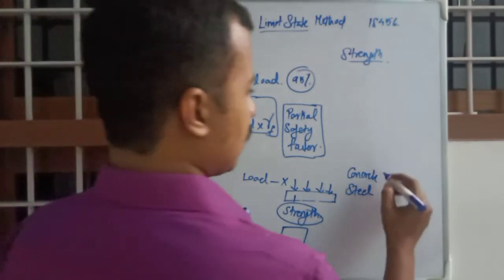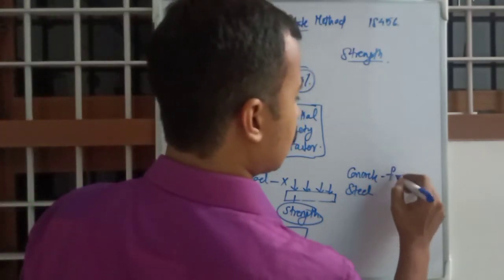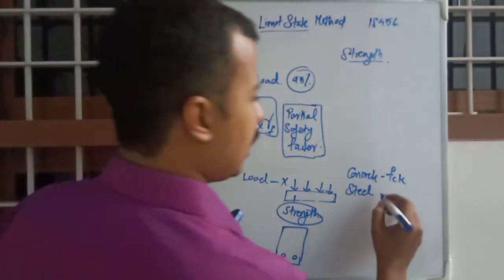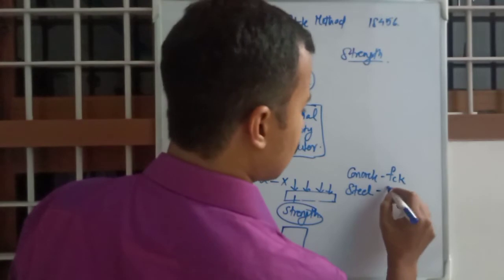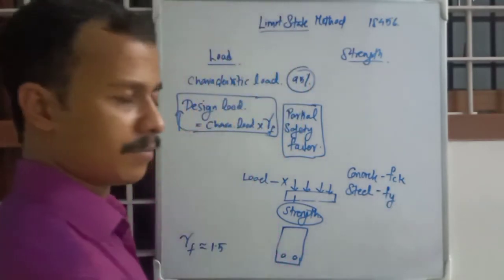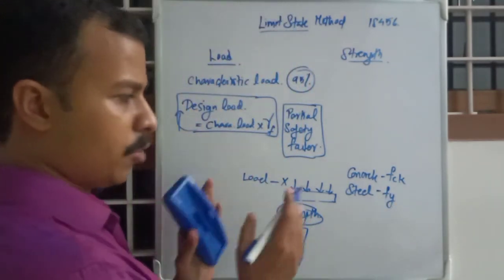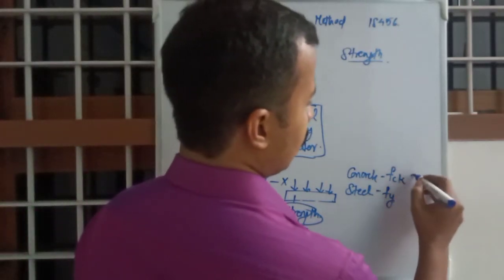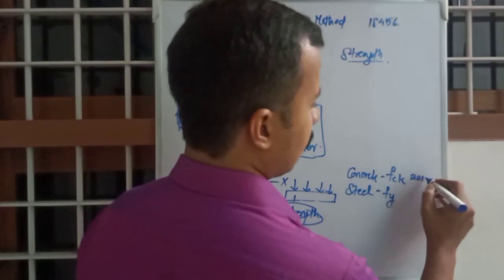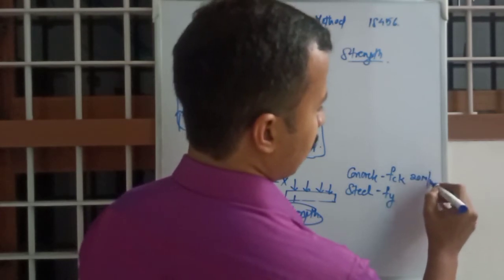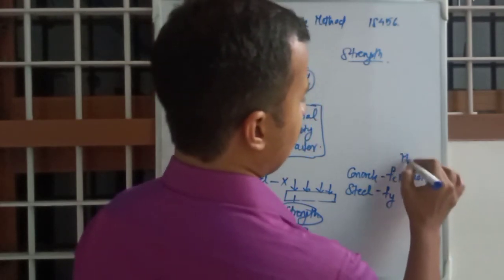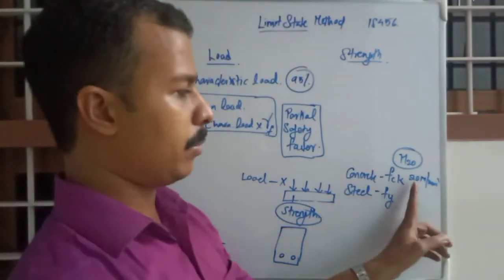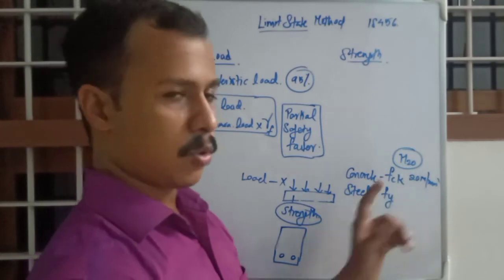Concrete strength is said to be fck, and steel strength is said to be fy. If you don't remember, fck value will be 20 Newton per mm square for M20 concrete. For M25 concrete, it will be 25 Newton per mm square.